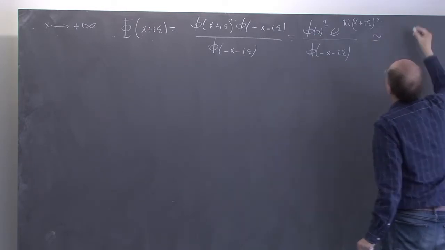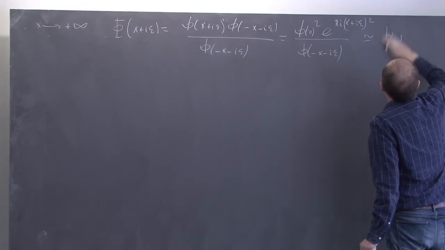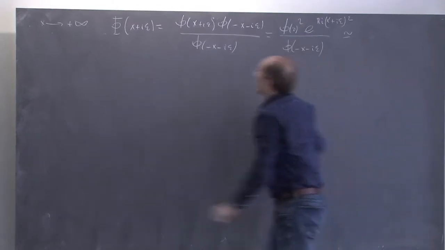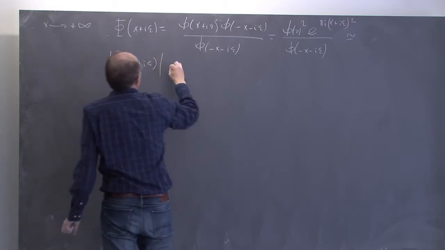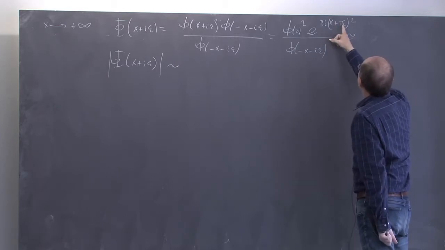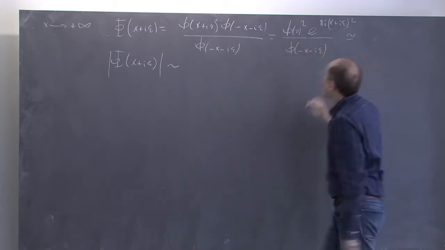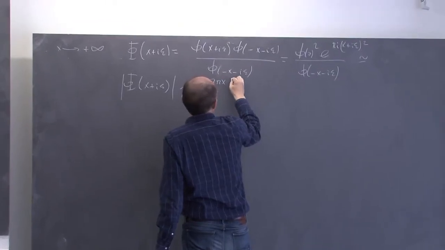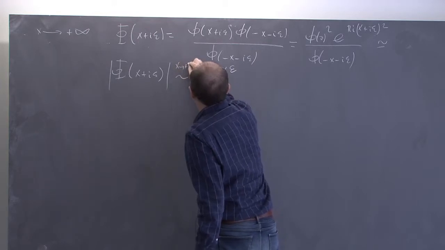So let me drop the coefficients. I will only keep the absolute value of phi of x plus i epsilon, which behaves like, so we should keep only the mixed term here, 2 pi i, so it becomes e to the minus 2 pi x epsilon when x goes to plus infinity.